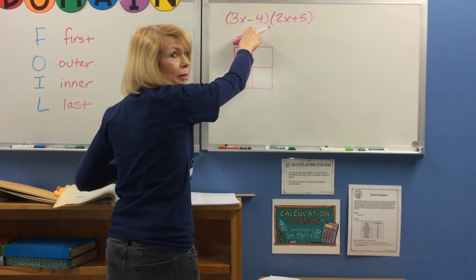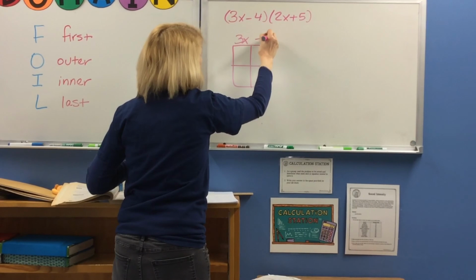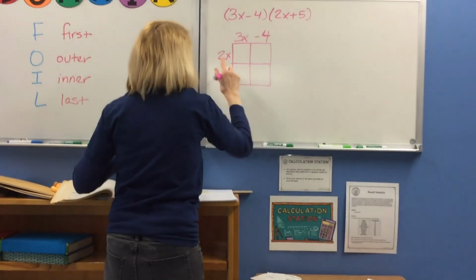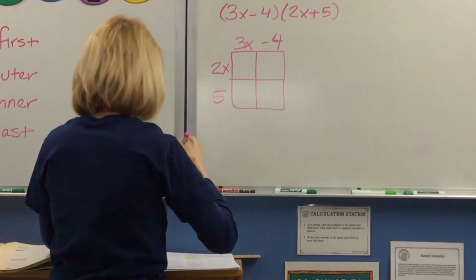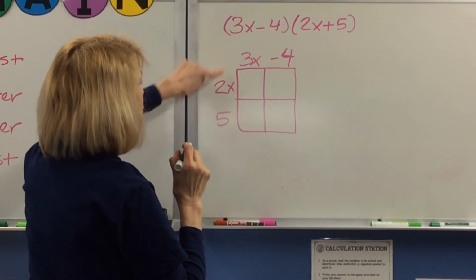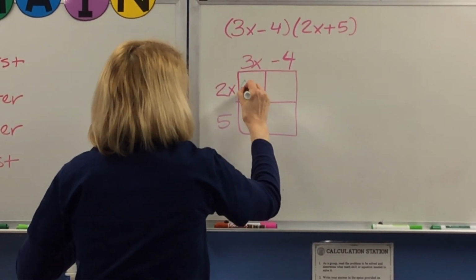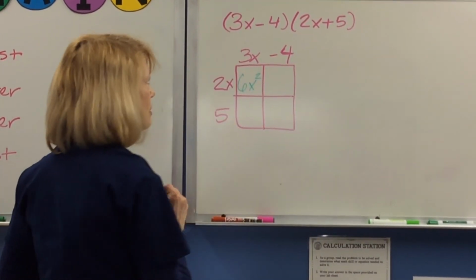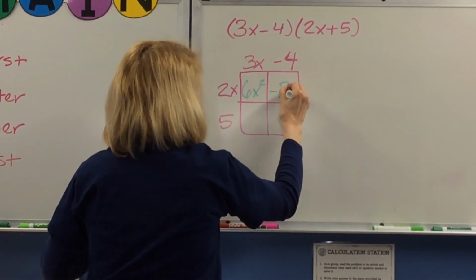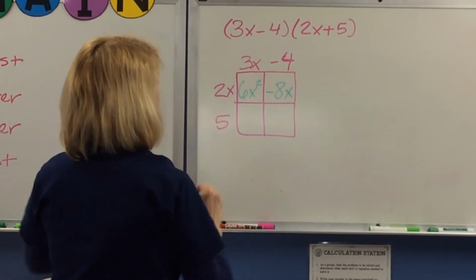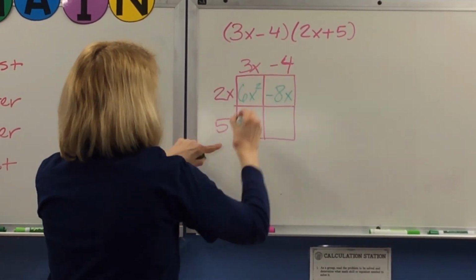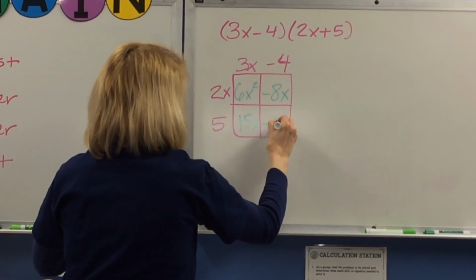There's a minus sign there, so that's negative 4. 2x over here, and 5 right here. Now I'm going to multiply. 3x times 2x is 6x squared. 2x times negative 4, negative 8x. 3x times 5, 15x. And negative 4 times 5 is negative 20.